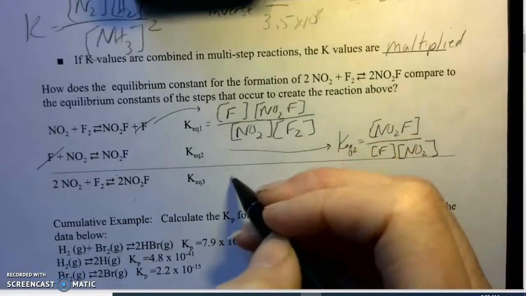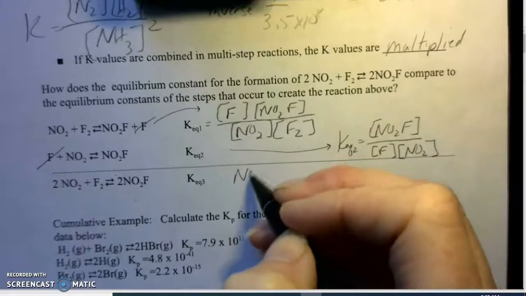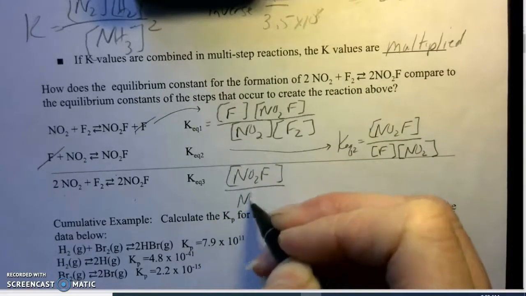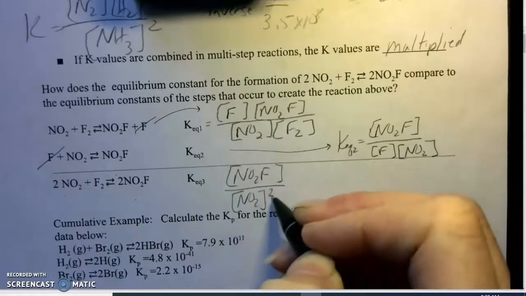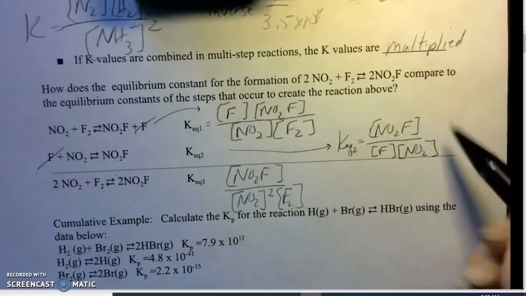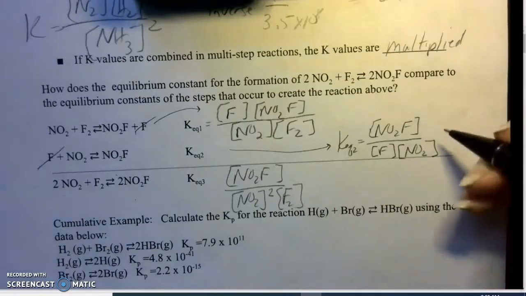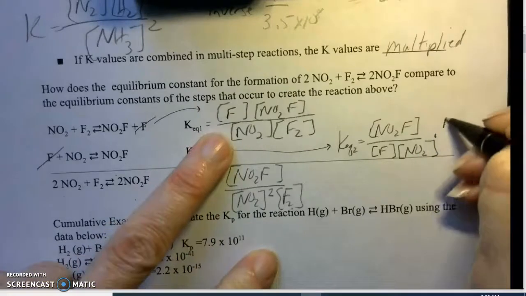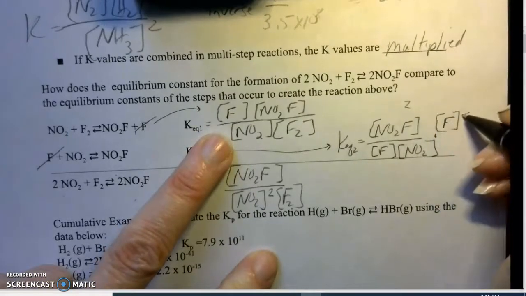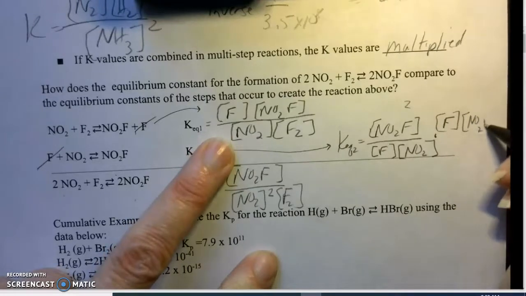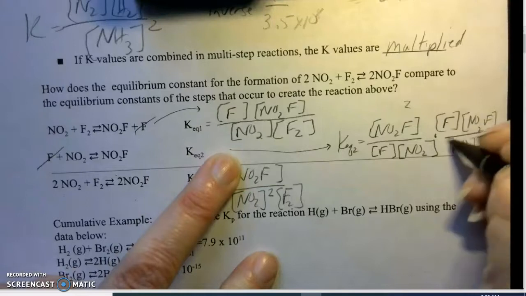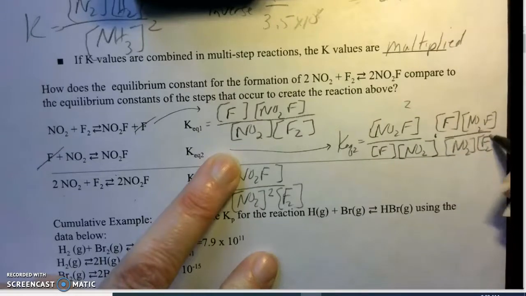So my equilibrium for this third one is NO2F over NO2 squared times F2. And again, if you multiply these two together, so this is your 2, and I'm going to put 1 over here, you'll see that it does work out.